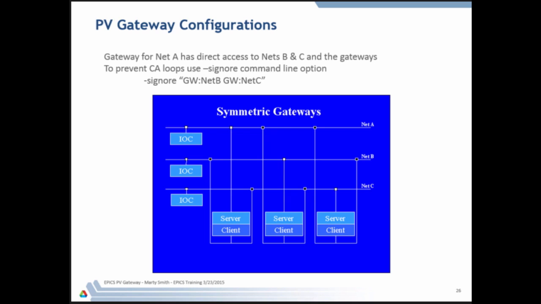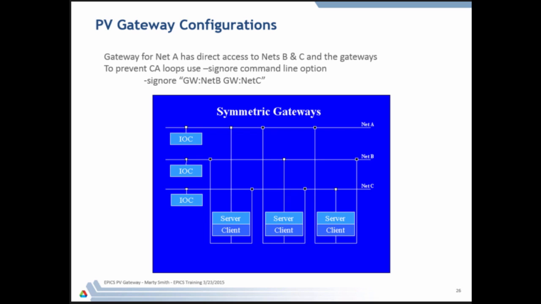So there are different configurations that you can run these gateways in. This one is right out of the gateway user manual. They call it symmetric gateways, where you have three different networks, with IOCs attached to each one.